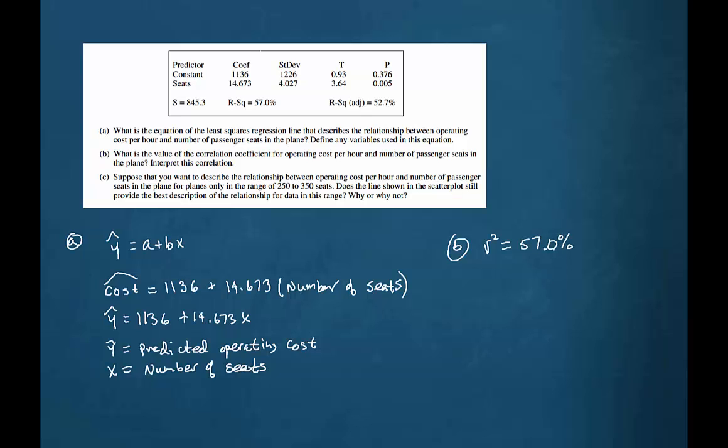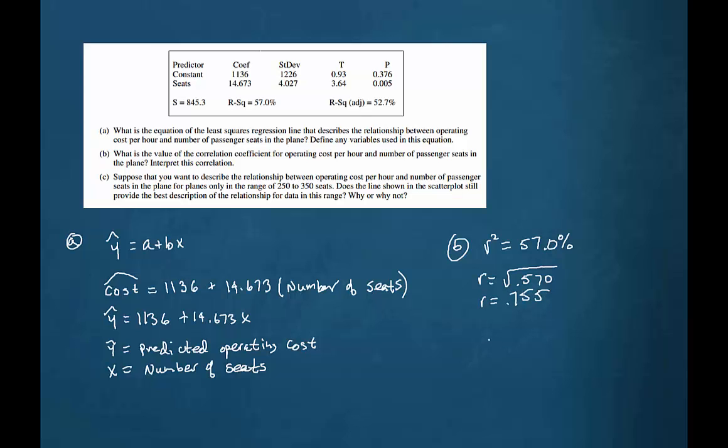And this 0 is important. 0 is a number. We wouldn't want to leave that off. We're implying a certain rounding precision here. Now, in order to find r, all we would do is find the square root of 0.570. And rounded to 3 decimal places, that would give us 0.755.